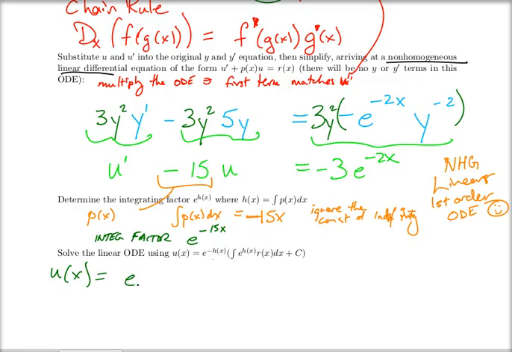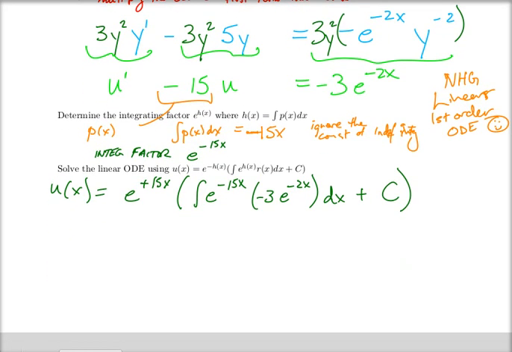The solution is going to be e to the positive 15x times the integral of e to the minus 15x times minus 3 e to the minus 2x dx plus c. Let's do the integral first.